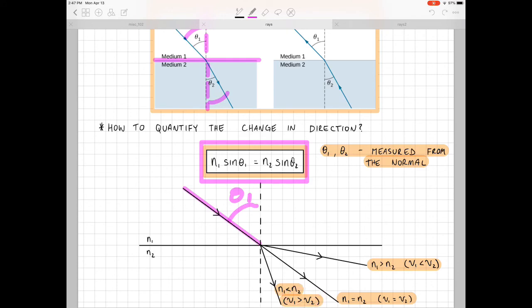So if your ray of light passes into the new medium and the angle doesn't change, as long as the angle isn't 0 degrees, then the index of refraction in both media is exactly the same, so the speed of light in both media is the same. If the light ray bends away from the normal, the light ray will be traveling faster in the new medium.